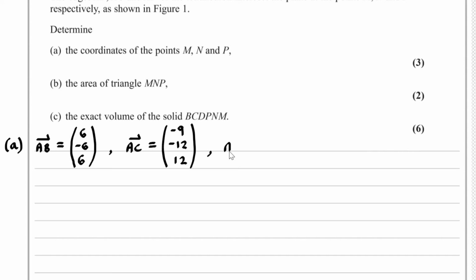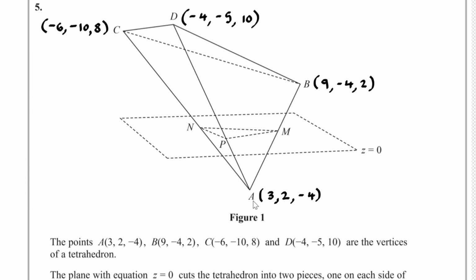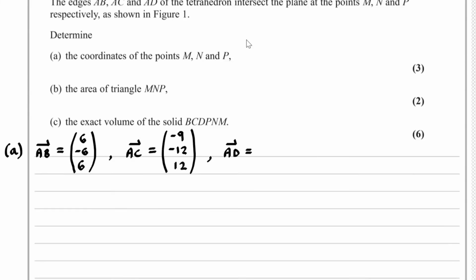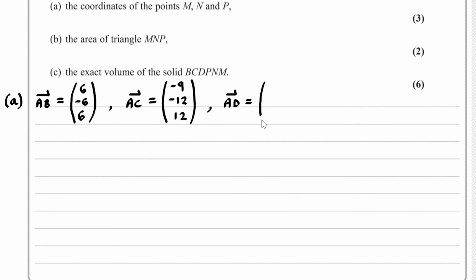And AD can also be found. Well, from 3 to minus 4 we subtract 7, 2 to minus 5 we subtract 7, and minus 4 to 10 we add on 14. So AD, we've got minus 7, minus 7, and 14.